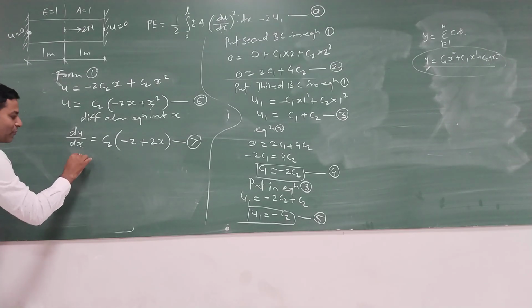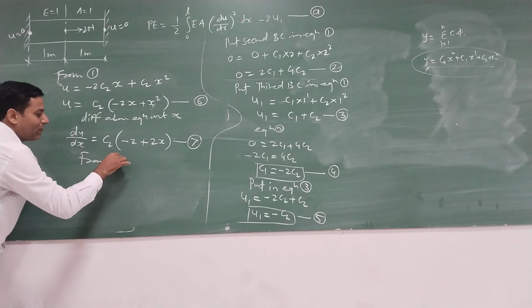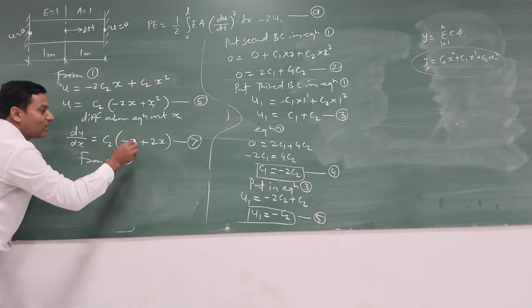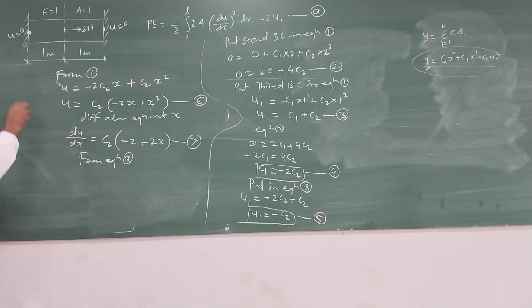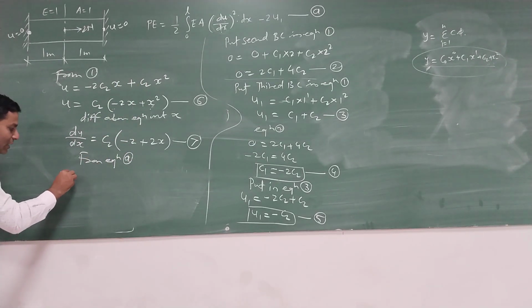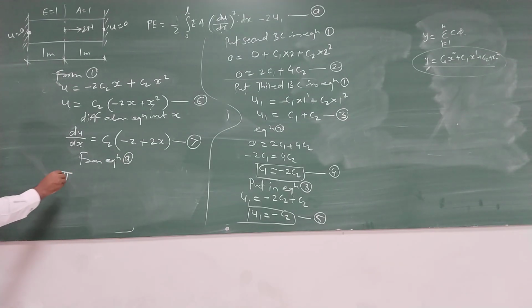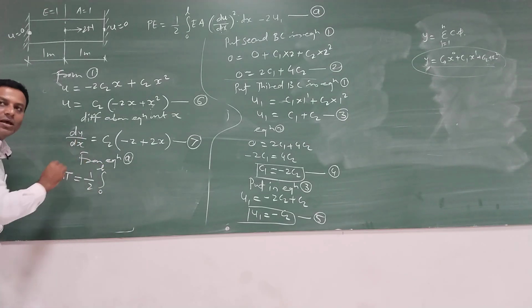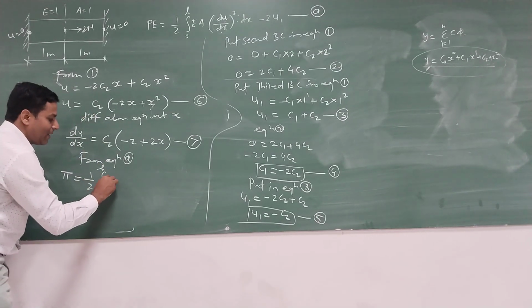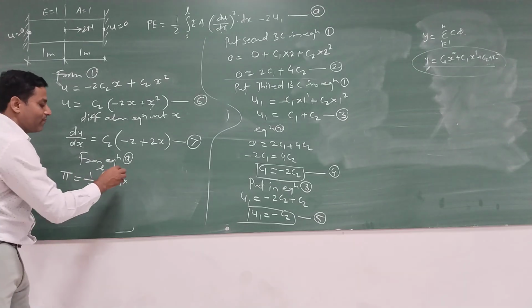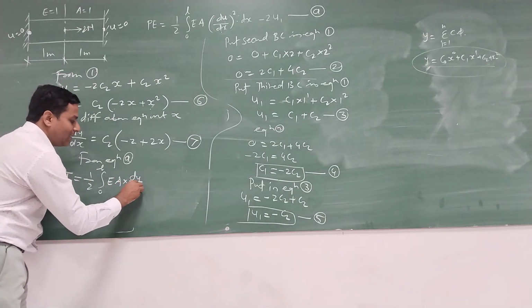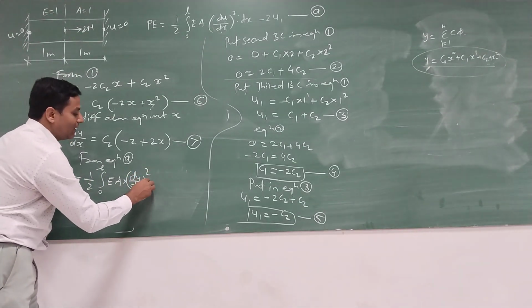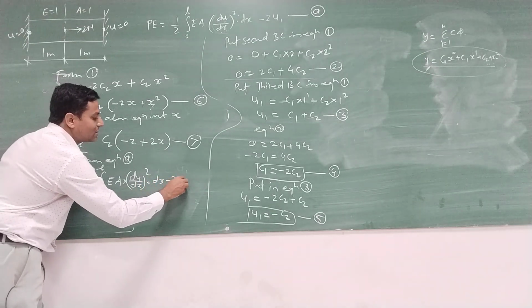From equation A, that equation A is potential energy, which we denote by pi, is equal to 1/2 integration 0 to L, E A into du by dx square into dx minus 2u1.